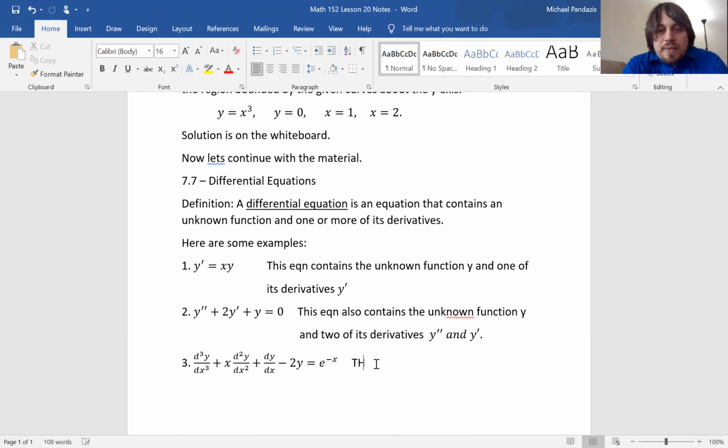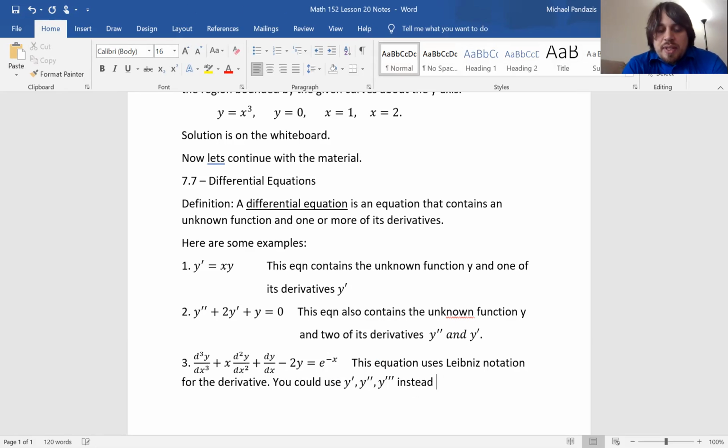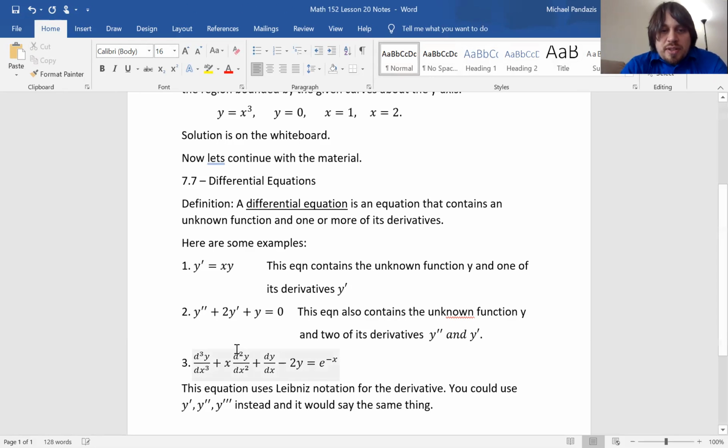The only difference here is this equation uses Leibniz notation for the derivative. You could use y prime, y double prime, y triple prime instead, and it would say the same thing. There's nothing special about the fact that this equation is using fractions and these are just using primes.